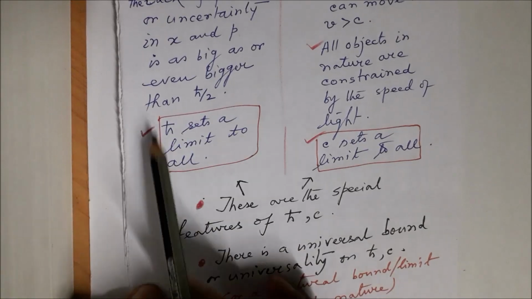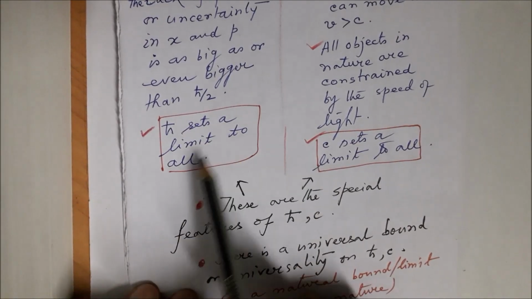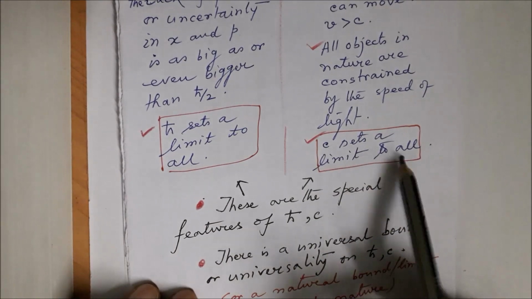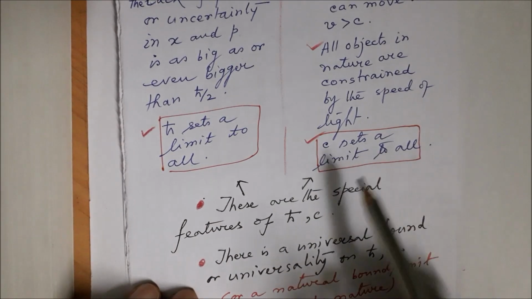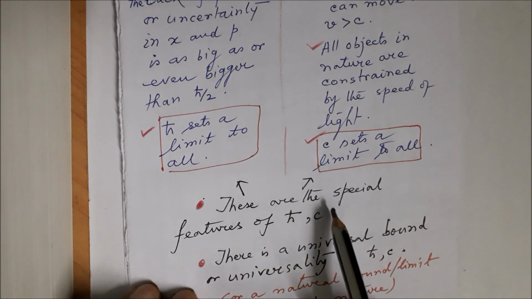So these two statements, that h cross sets a limit to all and c sets a limit to all, are the special features of h cross and c.